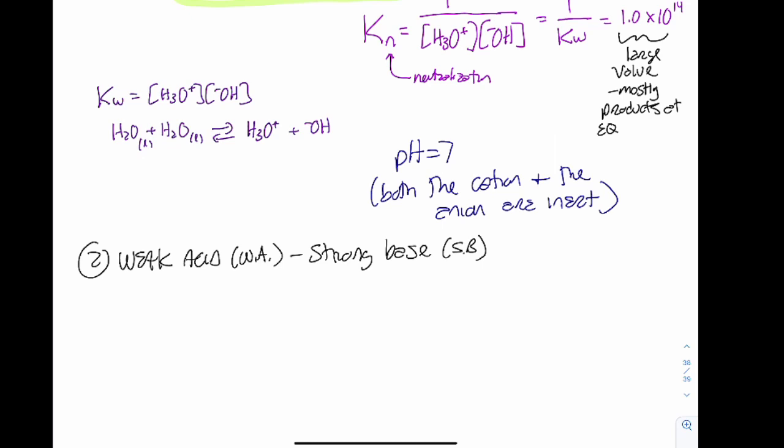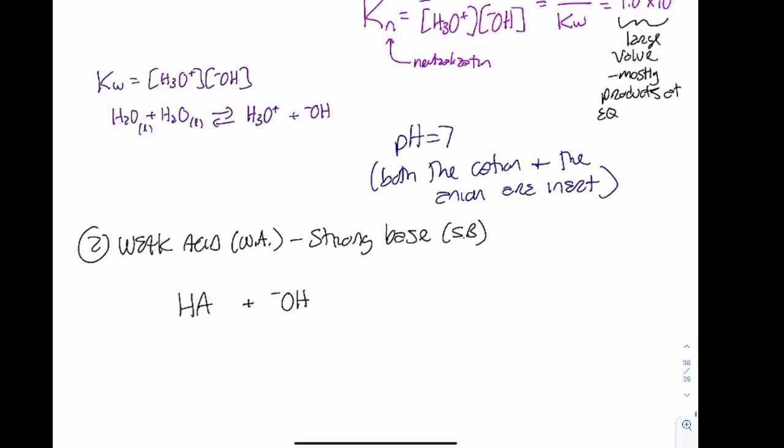And I'm just going to use HA as a generic acid. My strong base is completely ionized or dissociated, so I can use hydroxide ions for that. So when I look at my reaction, I have HA for my acid, mostly undissociated, plus my hydroxide ions for my strong base, which is completely dissociated, and we form water, plus my conjugate base.